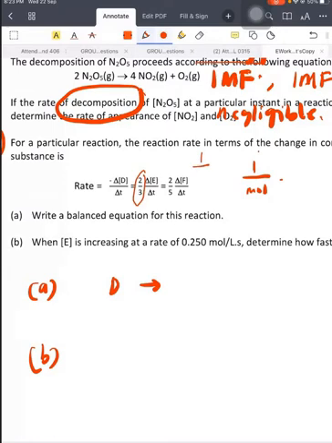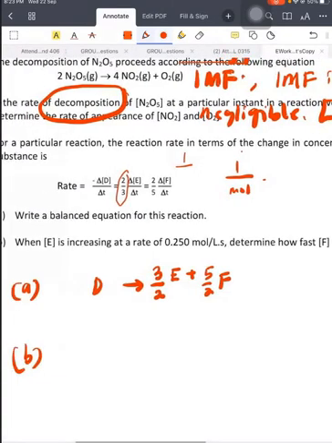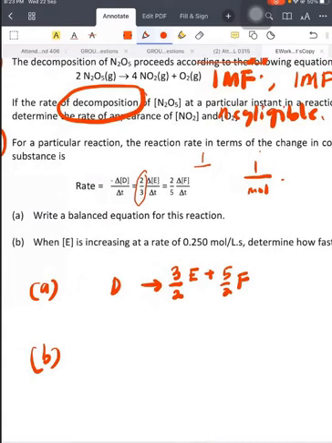When we convert it back to number of moles, it is inverted, so 3 over 2 mole of E, plus how about F? 5 over 2. So it becomes 5 over 2 F. That is our balanced chemical equation. Because there are no physical states given, you can leave your answer just like this.